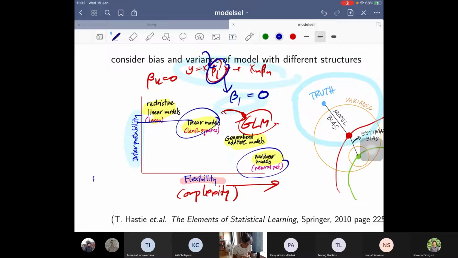If someone has used a neural network before, you know that there are many layers, right? And the parameters of the model are what? Napat, what are the parameters of a neural network? Napat? Weight and bias. Weight and bias, and remember that these weights are associated with each layer, right?